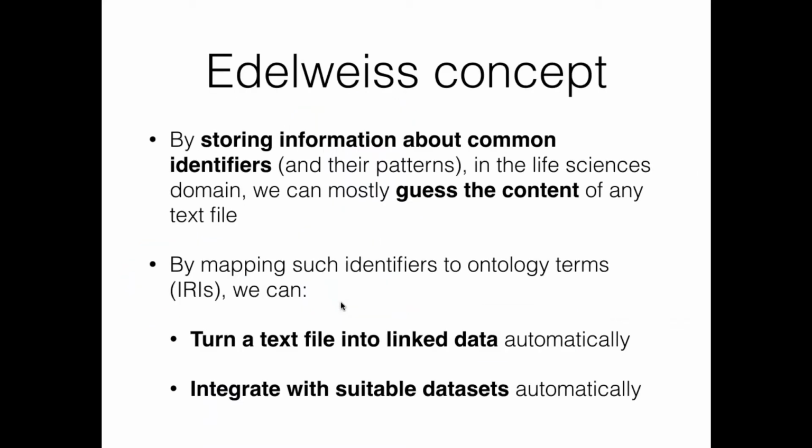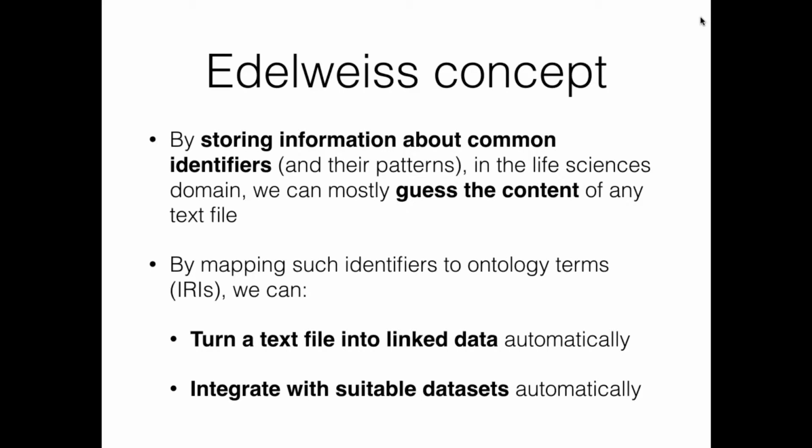And the Edelweiss concept, what the knowledge base is trying to do is, by storing information in this domain about common identifiers, such as genes, proteins, small molecules, pathways, and the patterns of such identifiers in this life science domain, we can mostly guess the content of many text files.